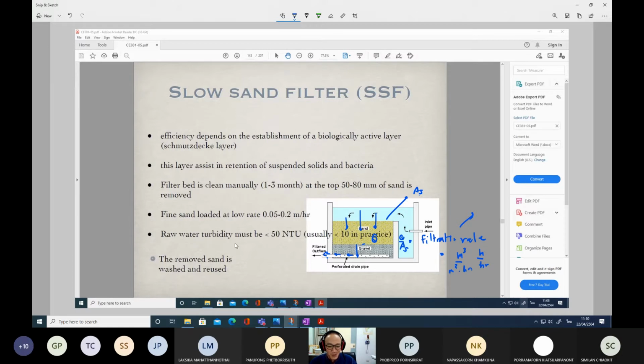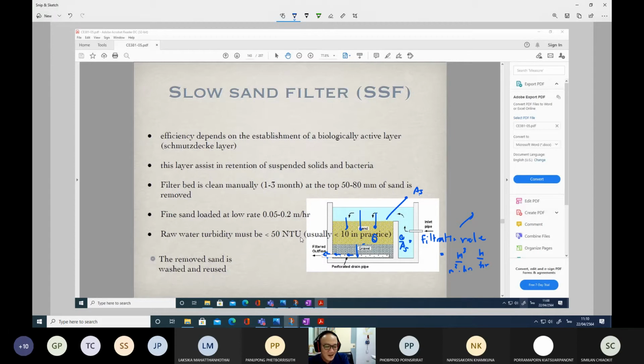Okay, so raw water turbidity must be less than 50 NTU. We can apply the raw water directly to the sand filter if necessary, but it must not exceed 50 NTU. Usually we allow up to 10 NTU. For the removed sand, we have to remove the top 50 to 80 millimeters of the sand from the surface.